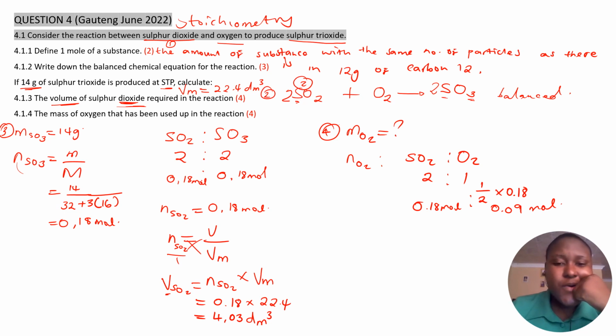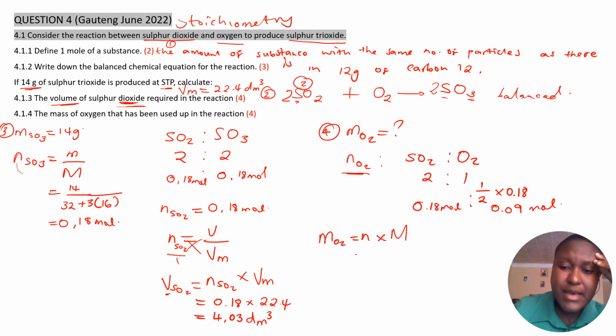And the next thing you're going to do, now you have the number of moles of oxygen, right? You can then calculate the mass of oxygen from the formula n equals mass over molar mass. Mass will be number of moles multiplied by the molar mass.